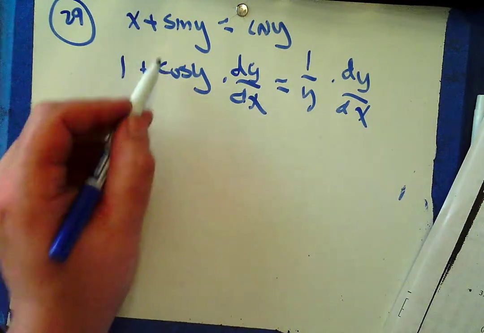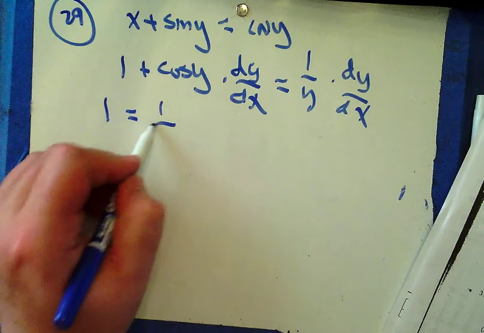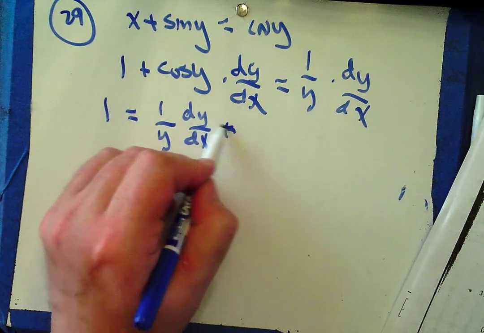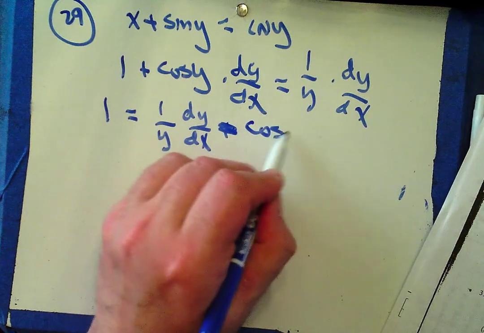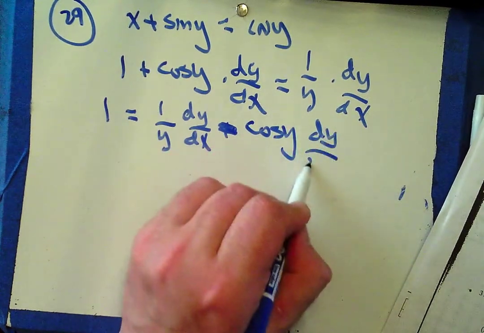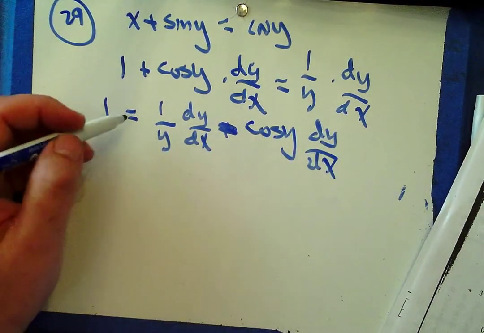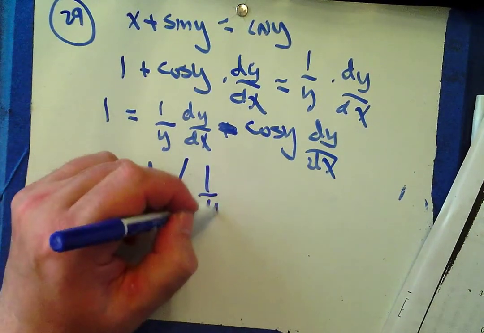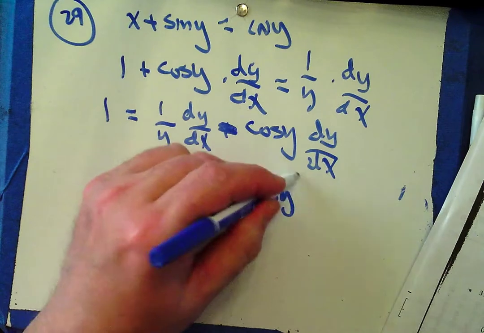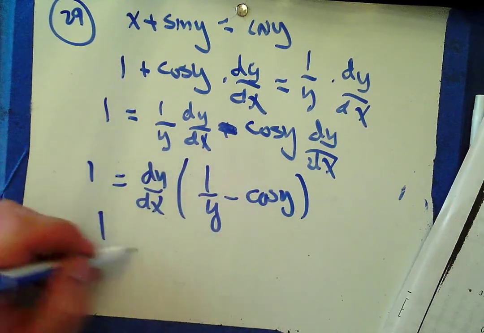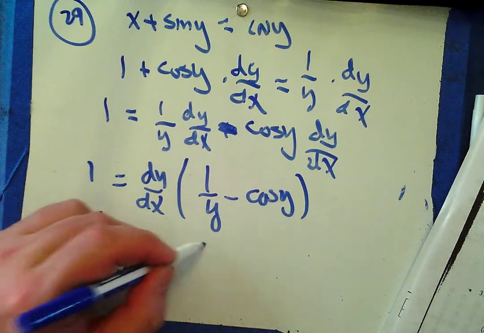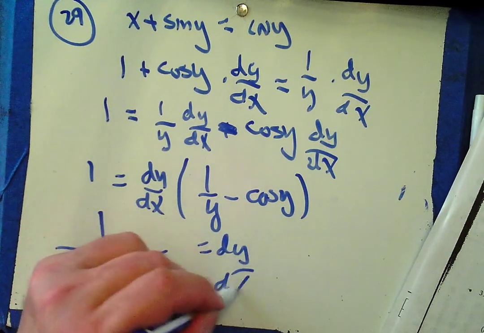So let's move all the dy/dx stuff to one side. 1 over y dy/dx minus cosine y dy/dx. And we'll factor out a dy/dx, and we'll have 1 over y minus cosine y equals 1. And so 1 over (1 over y minus cosine y) equals dy/dx.